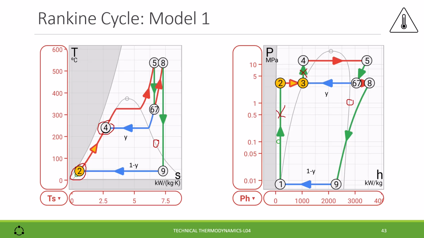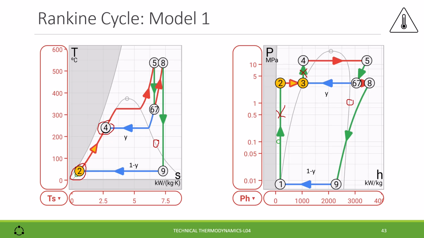The transformations 1, 2 and 3, 4 are compressions in the liquid region, so the temperature change is negligible, and that is the reason why they seem coincident in the chart TS. On the other hand, also the enthalpy change is small, so the lines 1, 2 and 3, 4 appear vertical in the diagram pH.